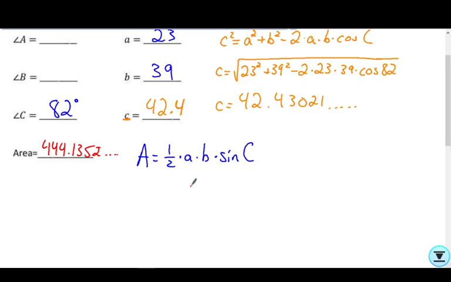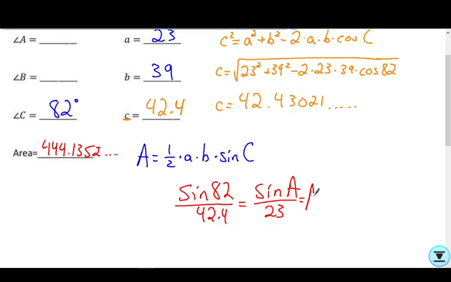So we set up our law of sines. Sine of 82 degrees over 42.4 equals the sine of A over 23. And we solve for A by cross multiplying. We use the inverse trig to find that angle. And we get 23 times the sine of 82 over 42.4.